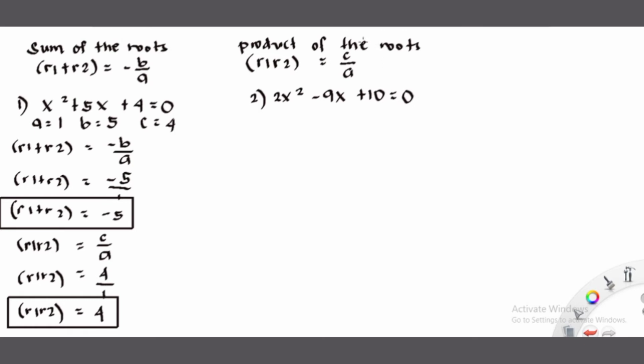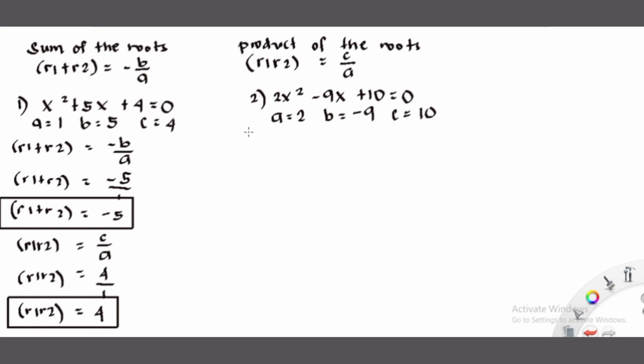So again, this quadratic equation is already written in standard form. So pwede na natin i-identify ang A, B, and C. A here is 2, B is negative 9, and C is the constant 10.